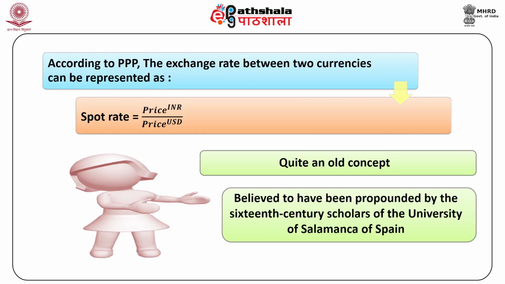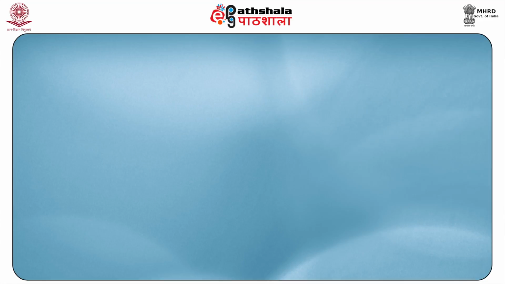In other words, the exchange rate between two currencies can be represented as: spot rate is equal to the price in India divided by the price in USA. The concept of purchasing power parity is quite old. It is believed to have been propounded by the 16th century scholars of the University of Salamanca of Spain.